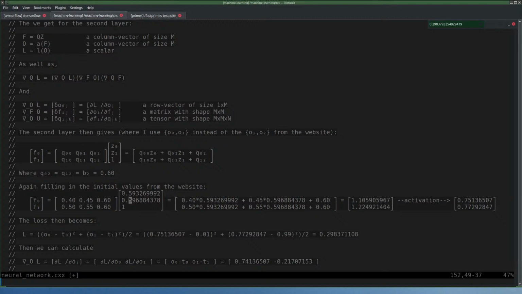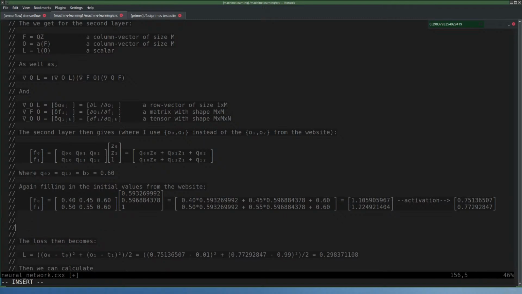And then you can get O by doing the activation, which means we need some space here.